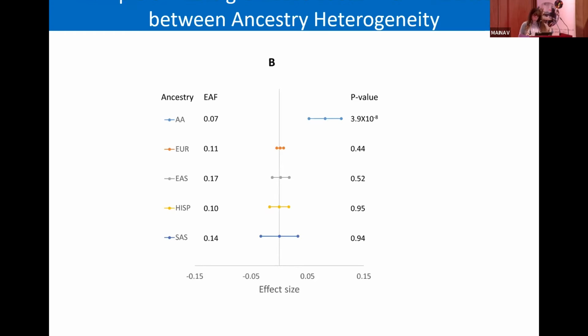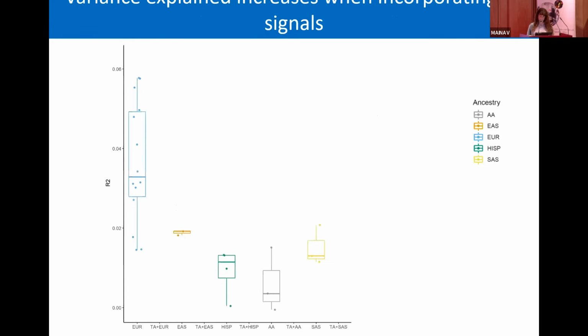And for those of you that are skeptical about this, which I was, this isn't driven by a single cohort. We drilled down into the data very carefully. There are several cohorts of the African American ancestry that contribute to the signal. It looks very compelling. The SNPs are well imputed, and all these various things that you would look at to make sure that it's not a spurious association.